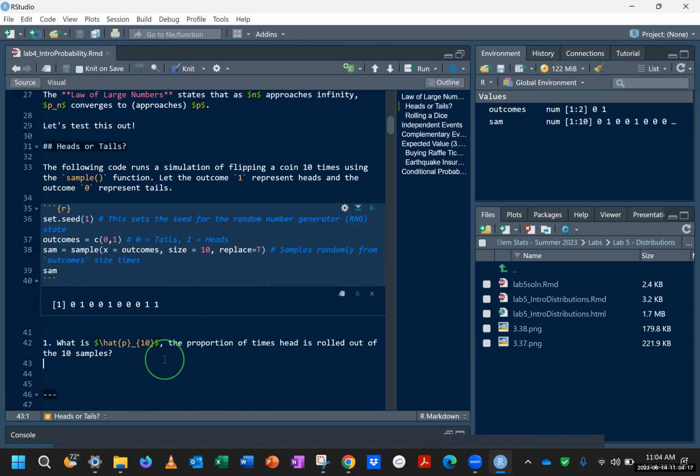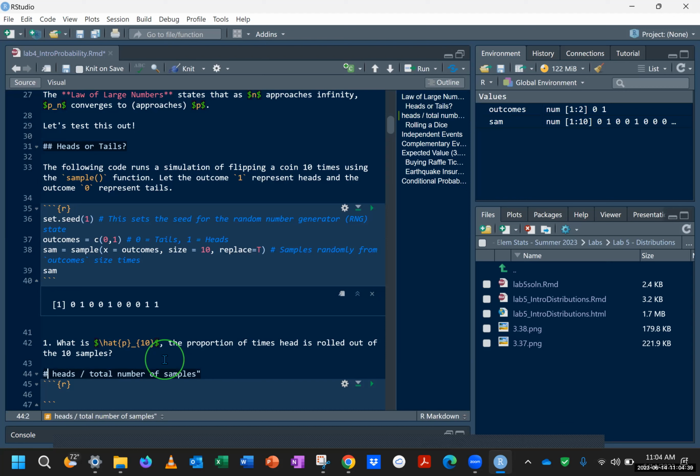Let's use that to calculate the proportion of the times that heads came up. The proportion will be the number of heads divided by the total number of samples. I'll put that in quotes so I don't make a new section.